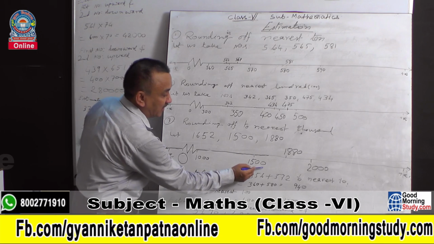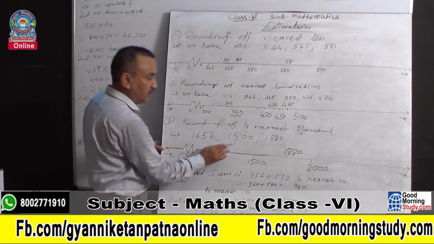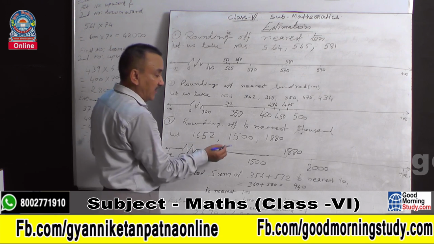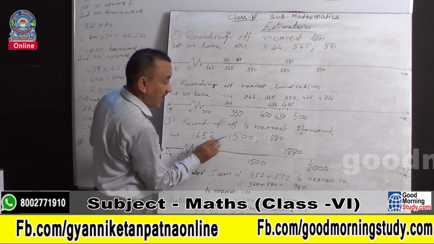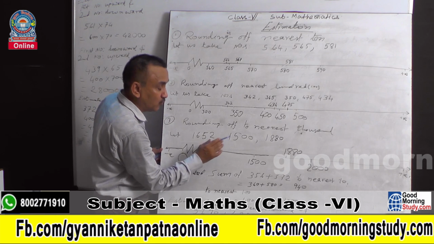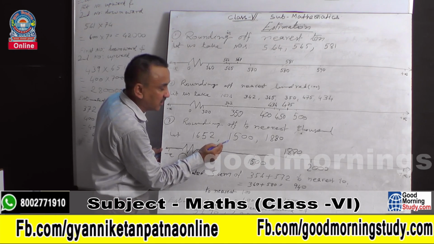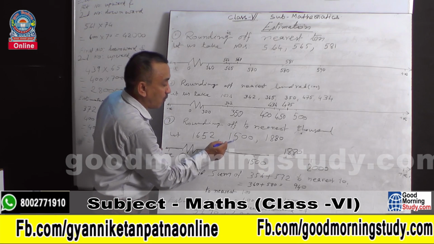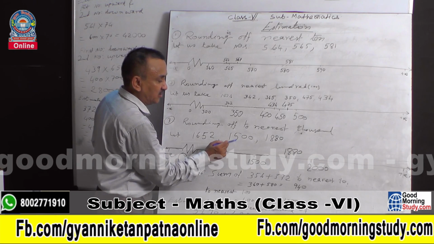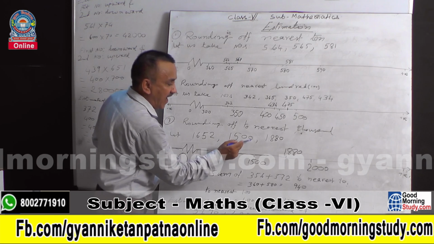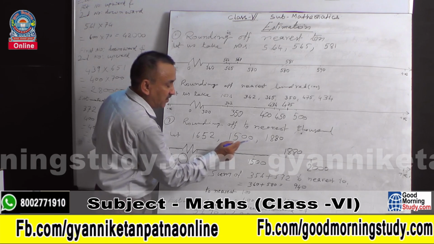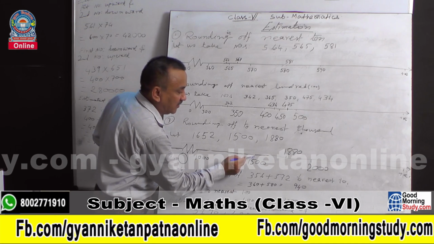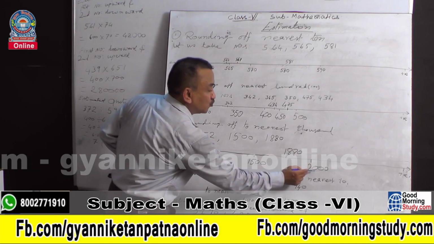If the 100s digit is 5 or more than 5, then we add 1 to the 1000s digit, 1 plus 1 it will come 2, and all the digits, the 100s digit, 10s digit and the unit digit, we are making 0.